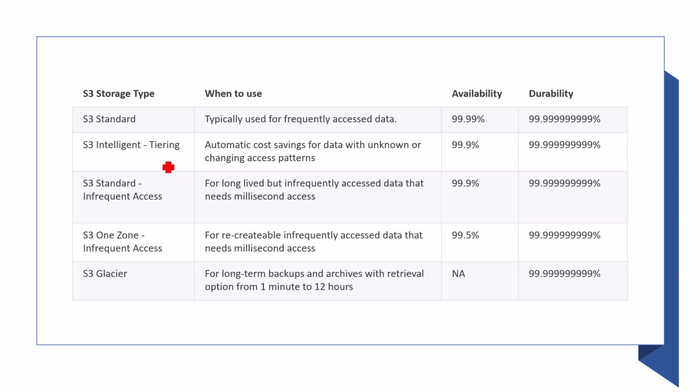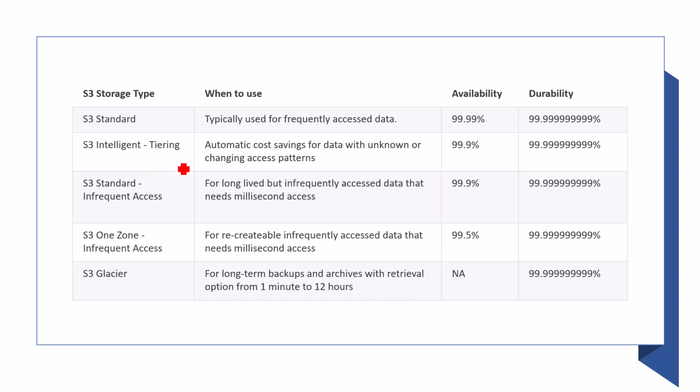Intelligent-Tiering is internally using the S3 storage, but it contains business logic. If any data is not used for a long time, it automatically moves to infrequent access, and the lifecycle gets applied on the S3 bucket for that object.